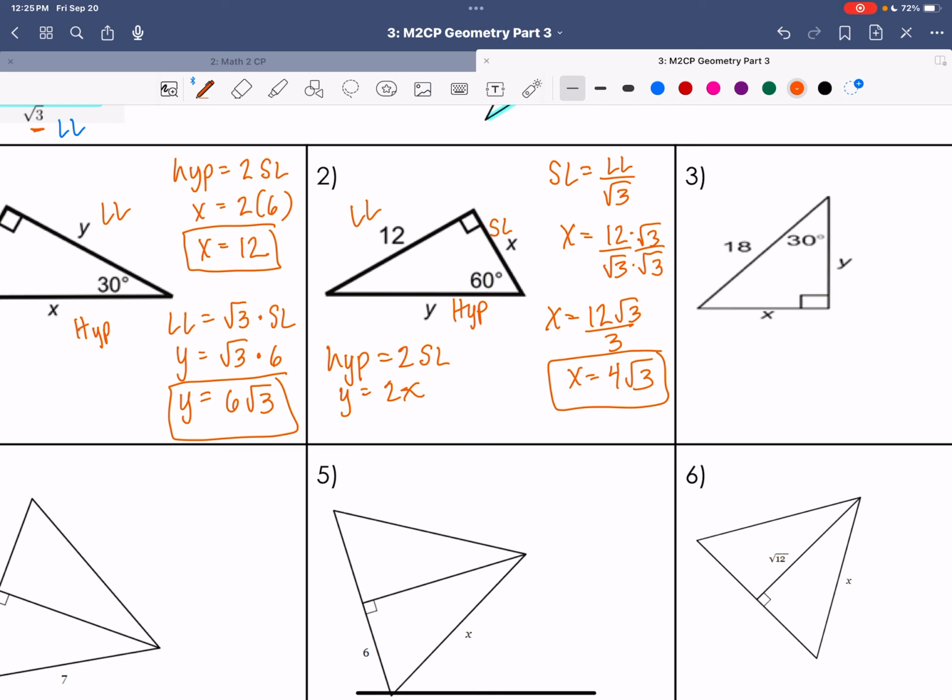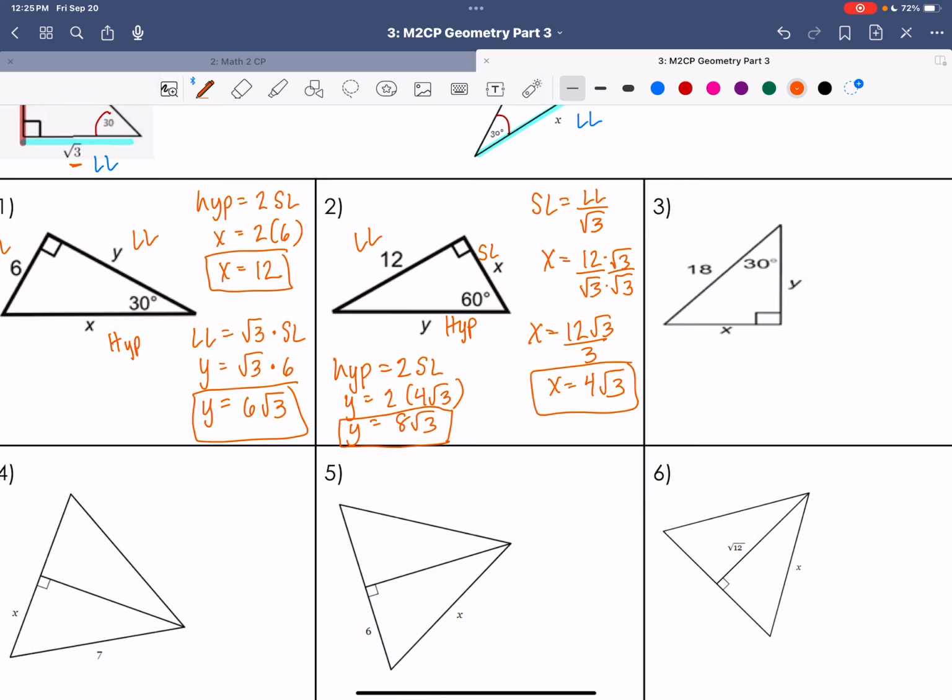Well, we just said x was 4 root 3. So now, instead of writing that, let's plug this in instead. 2 times 4 is 8, root 3, and that equals y. And that's as simplified as you can get, and that's your answer.